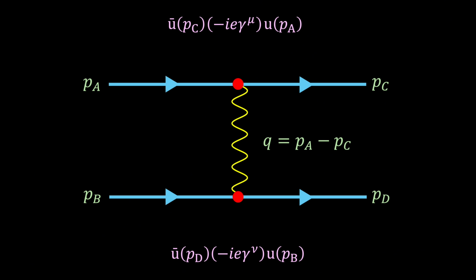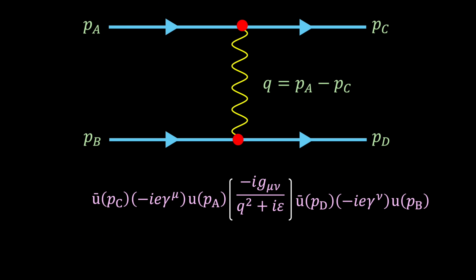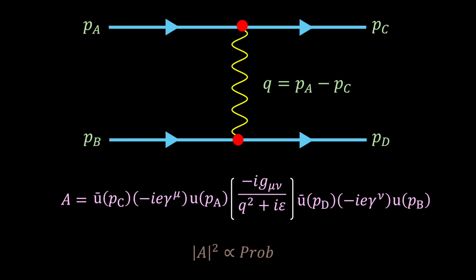The virtual photon connecting the two vertices also contributes its own mathematical factor, known as the photon propagator. We then multiply all of these terms together to obtain the amplitude for the process, and then the modulus squared of this amplitude is proportional to the probability that the process occurs.